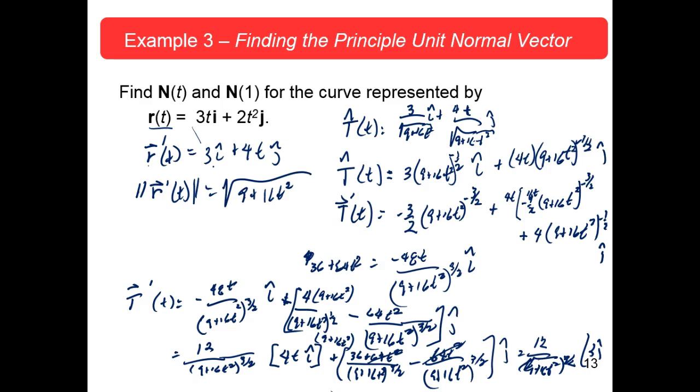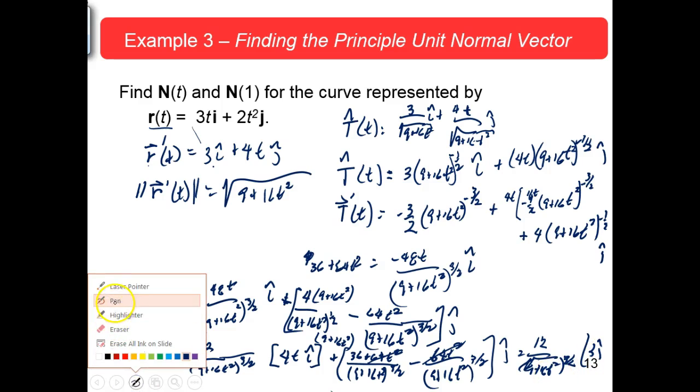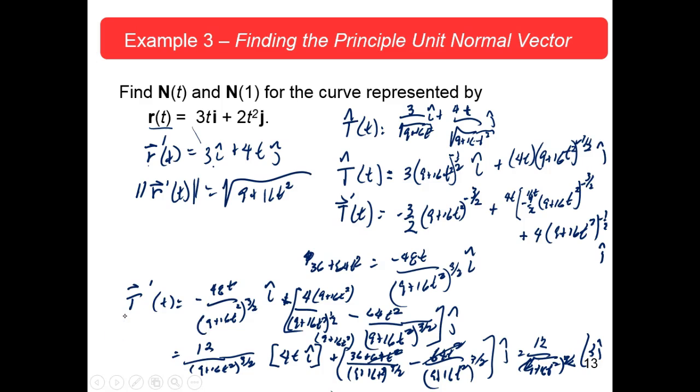Now, boy, what a pain in the neck problem this is. Okay. What you've got to do next is take the magnitude of that. So I'm going to clear out a lot of stuff here so we can go back and take the magnitude.